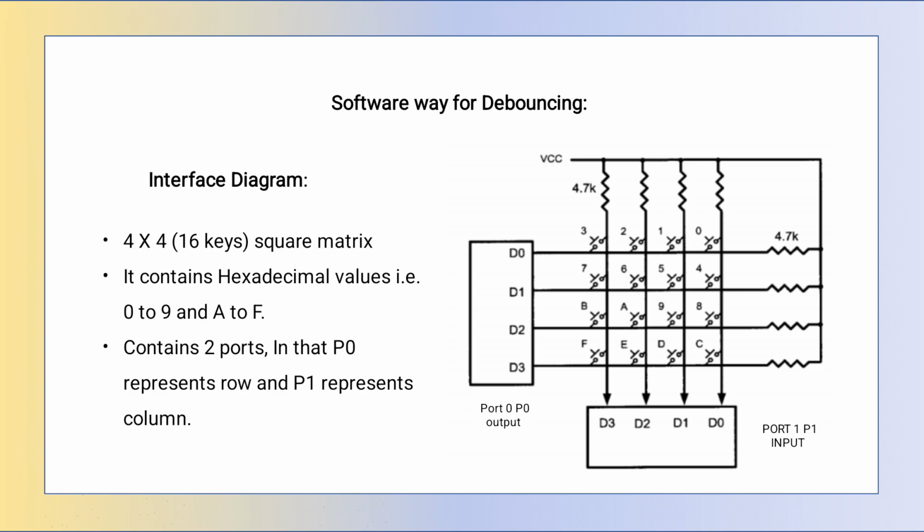So that is 0 to 15 values. It uses two ports: port 0 represents the rows and port 1 represents the columns of the input.